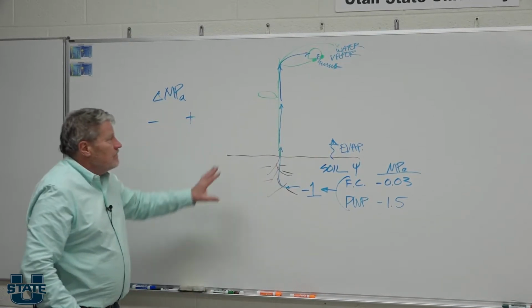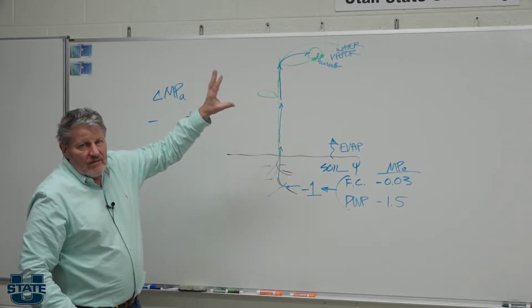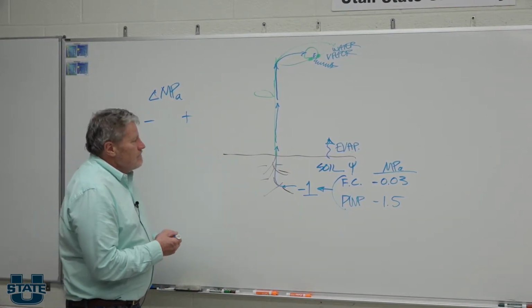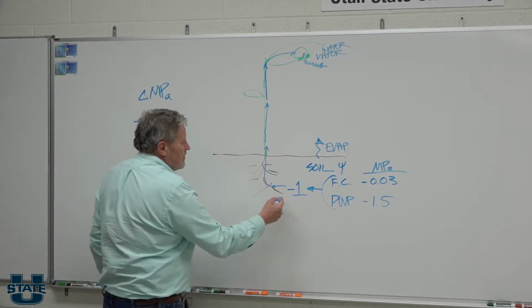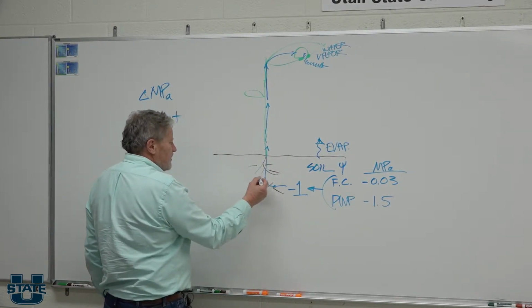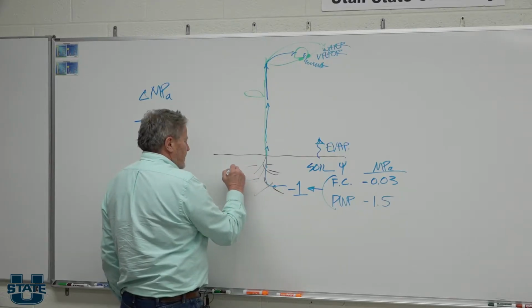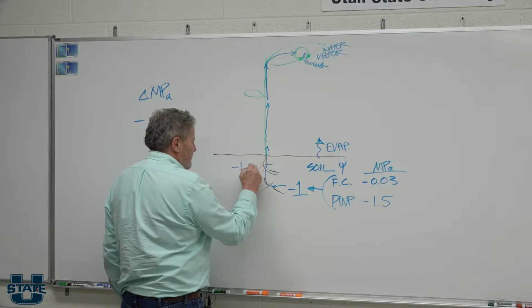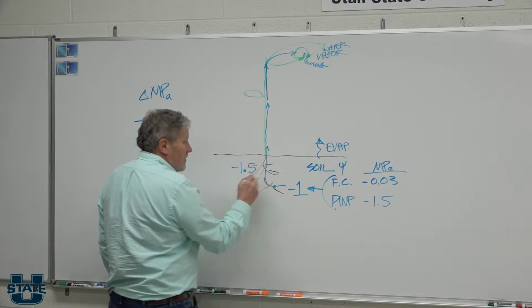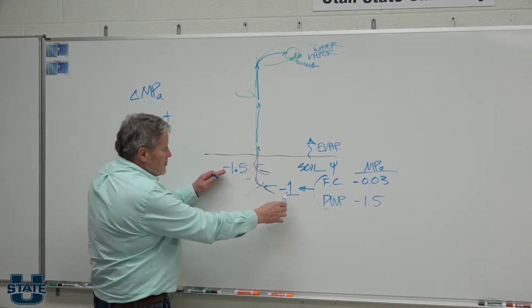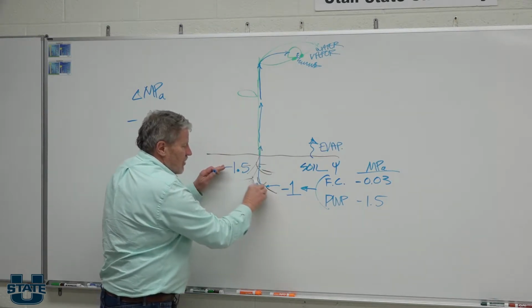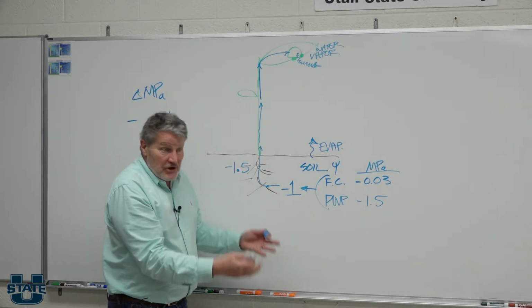Let's put some numbers on this. If it's -1 to be sucked up into the plant, right here in the plant, it can be -1.5 megapascals. This is more negative, so water flows downhill.